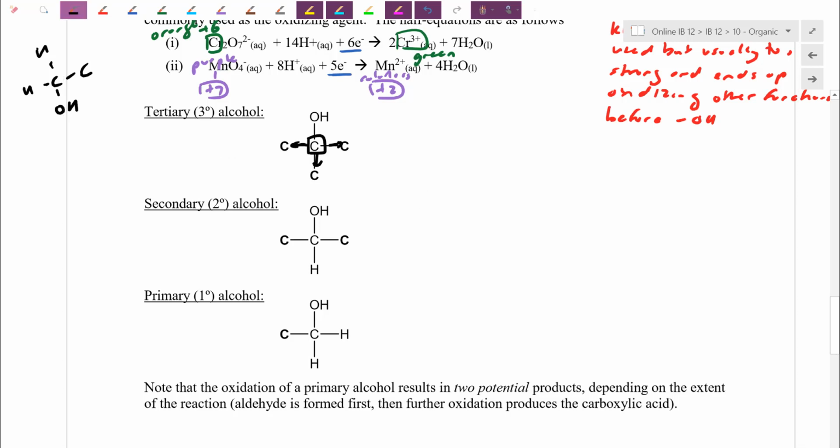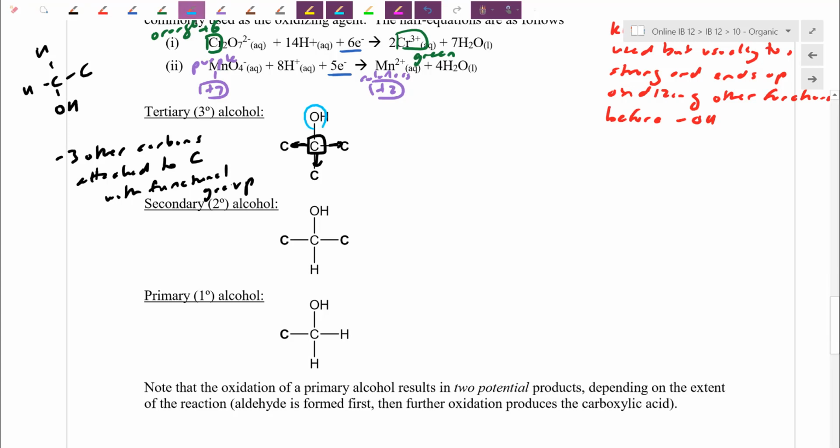So we can make 3 other carbons attached to the carbon with the functional group. Remember, it's the functional group that actually gives it behavior. I want to right away look at the carbon that's holding the functional group. So that one there is tertiary.